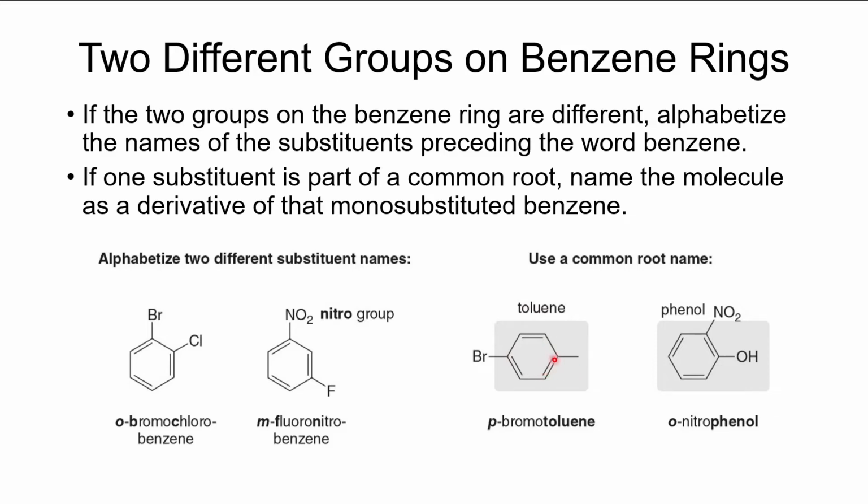And whatever the position of that is, that's the 1 position. So the toluene has a substituent that's methyl. We're going to call that the 1 position. And so this bromo is in the 4 position, or the para position. So we could call this para-bromotoluene, or we could call it 4-bromotoluene. That would be sufficient. On this one, we have ortho-nitrophenol, or again, we could call this 2-nitrophenol.